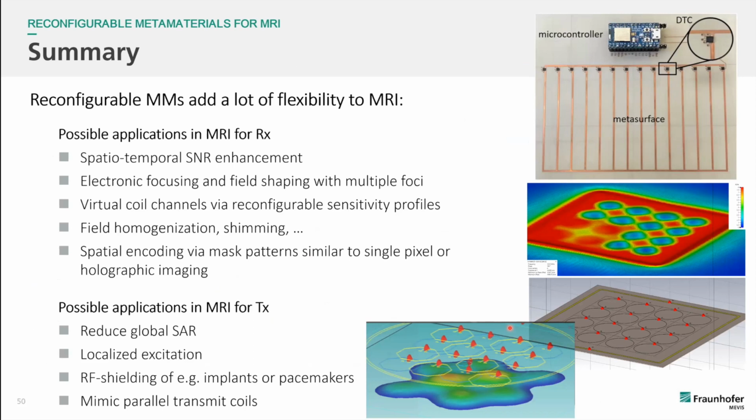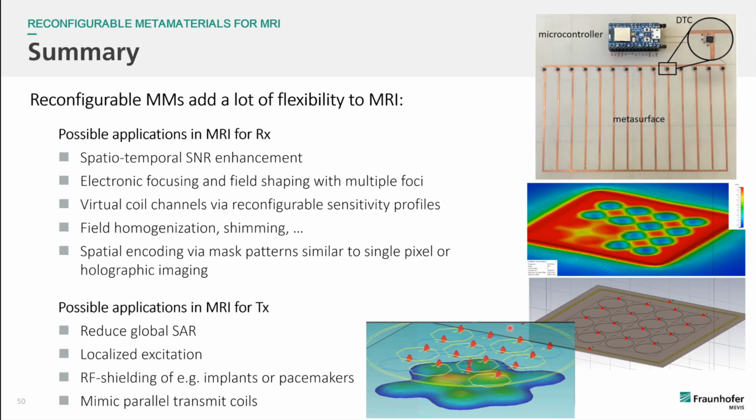I showed you some applications where metamaterials can be used. So you can use it for SNR enhancement. You can control your electromagnetic wave in the transmit case, in the receive case. So you can start forming or focusing on certain regions.